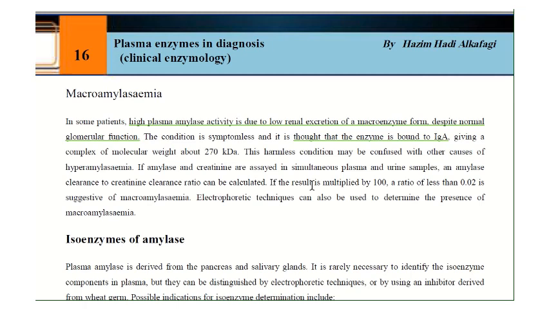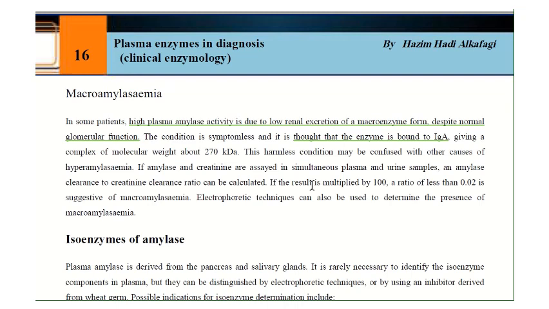The condition is symptomless and it is thought that the enzyme is bound to IgA, giving a complex of molecular weight about 270 kDa. إذن الحالة هذه تكون symptomless بدون أعراض، ويعتقد أنه الإنزيم مرتبط بـ IgA اللي هو هذا antibody، وفي حالة هذا المعقد اللي راح ينتج يكون الموليكولار ويت مالته تقريبا 270 kDa.